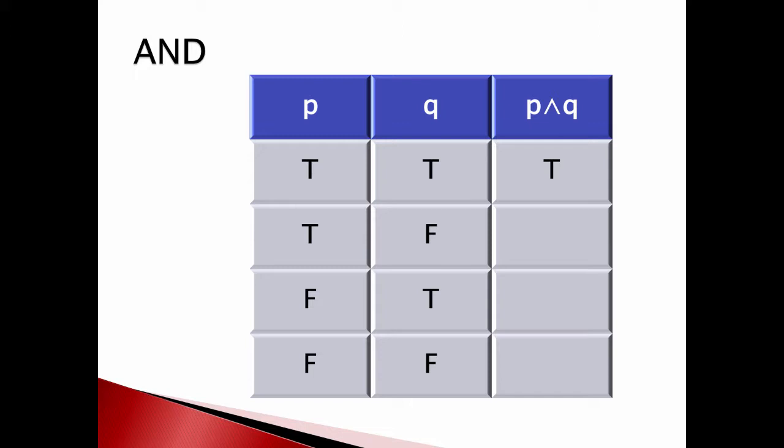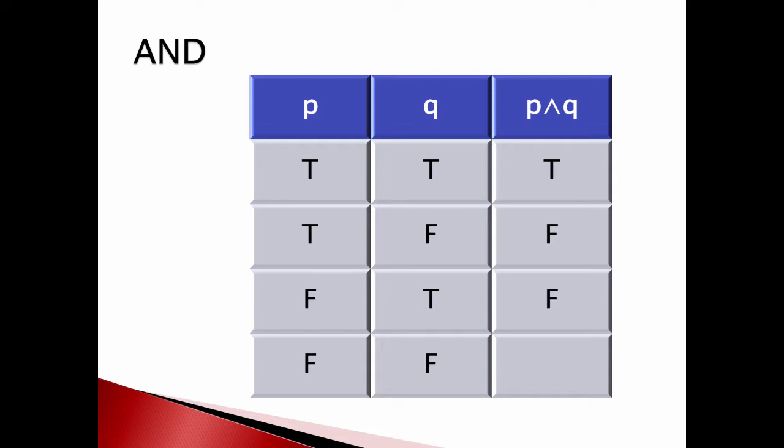Well, what about the next row, where P is true and Q is false? Now I'd have something true and something false. Well, that would be false, right? Because if I have a true statement and a false statement, the whole thing together isn't true anymore, because that would only happen if they were both true.